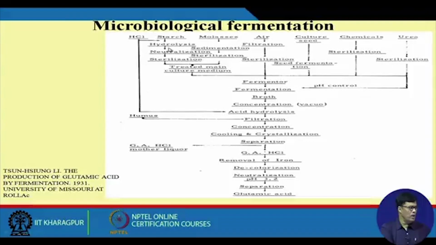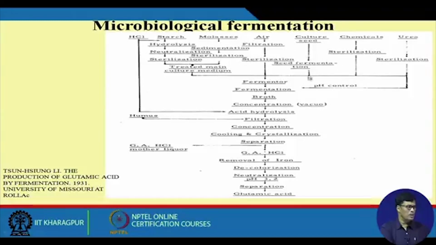Now when we hydrolyze with acid, the first step is neutralization, because when we hydrolyze with acid, the pH of the solution will decrease to a great extent. So you have to adjust the pH to whatever is required for the fermentation process. Then we do the sterilization and treat it with the main culture media, because we mix all these things together and sterilize that.